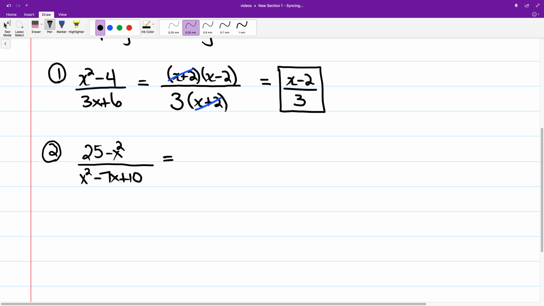So in the case of the numerator, again, we have a difference of squares. So here we're going to have 5 plus x times the quantity of 5 minus x. For x squared minus 7x plus 10, if I factor into binomial factors, we have x minus 2 quantity times that of x minus 5.